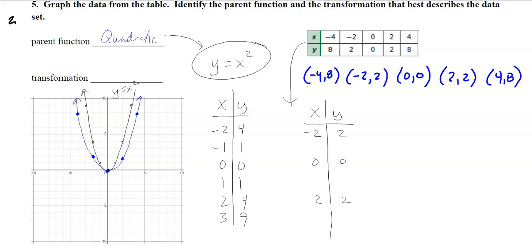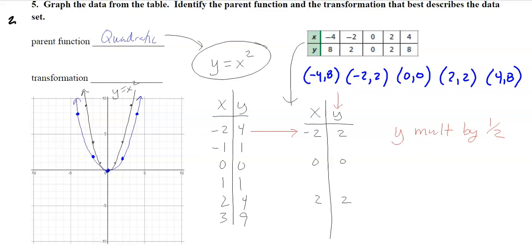When I'm analyzing what exactly happened here, it looks like the y's in this column are in half. So they got multiplied by a half. So my y's got multiplied by 1/2.